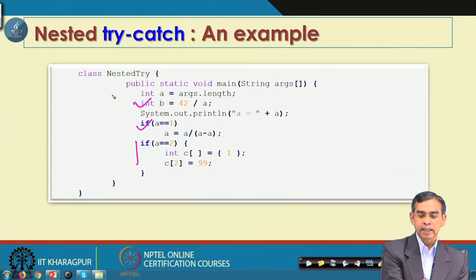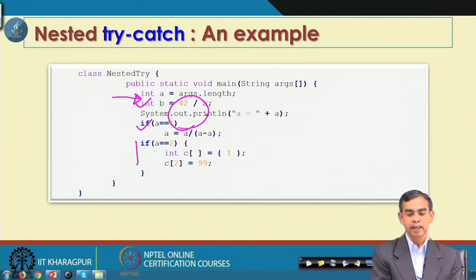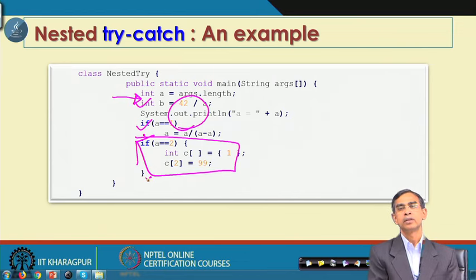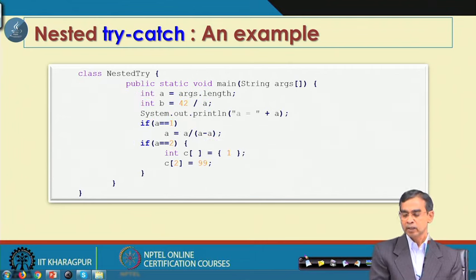The idea is that we can write one try block here. This try catch block will handle the arithmetic exception. Then there is another error that may occur within this, so inside it we can put another try catch block, so that it can handle this exception. This is the concept of nesting. So, this is a simple example.